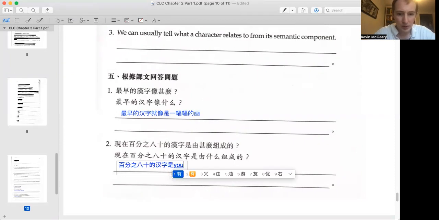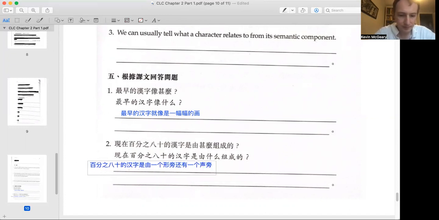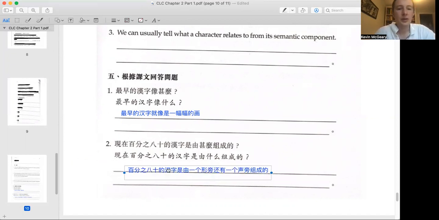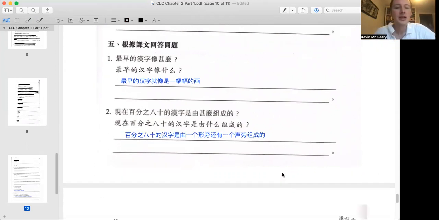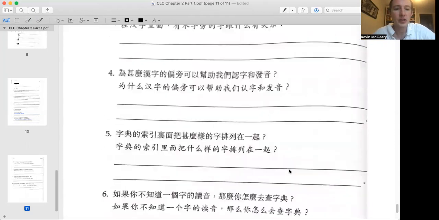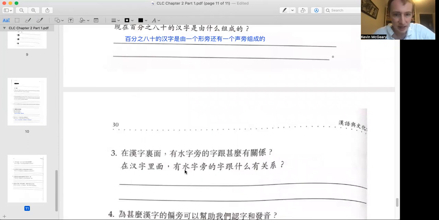So 有一个形旁还有一个声旁组成的. 80%的汉字是由一个形旁还有一个声旁组成的. 80% of characters are made up of a 形旁, a meaning element, and a 声旁, sound element. 第三个, so while we're down here, we might as well look at question 3. 在汉字里面有水字旁的字跟什么有关系?